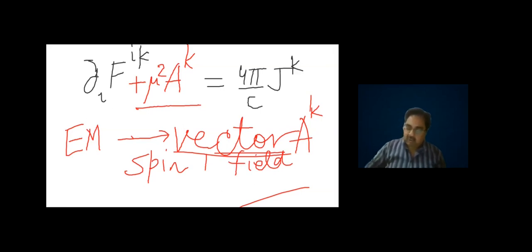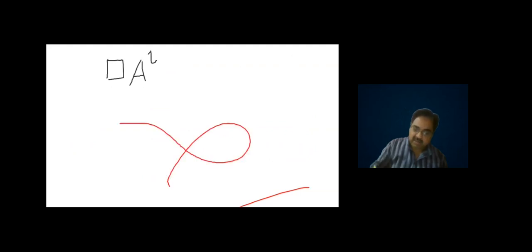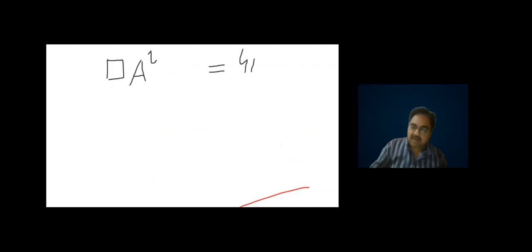Okay, so I was telling you that when you have these kind of field equations, alternatively, you can write them in the potential, and again recall what the equations for the potential were. So for the potential, you had box A_i equal to 4 pi by c j_i.